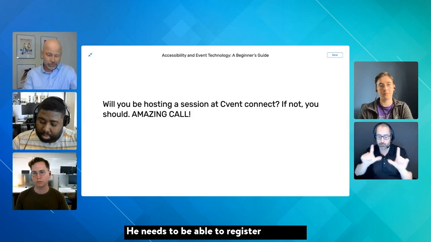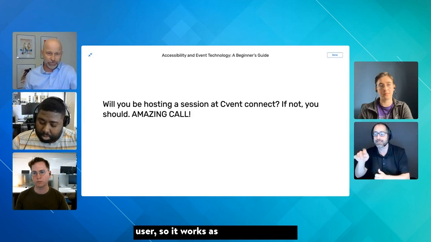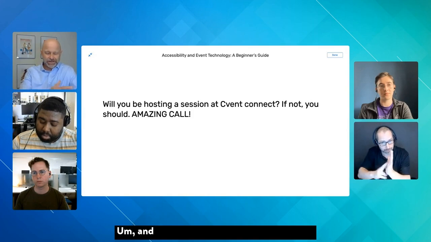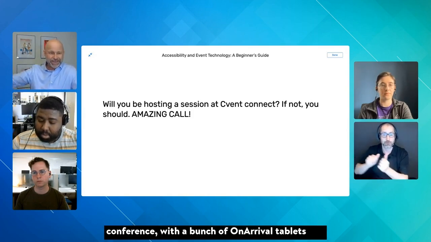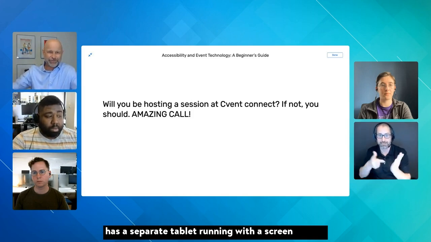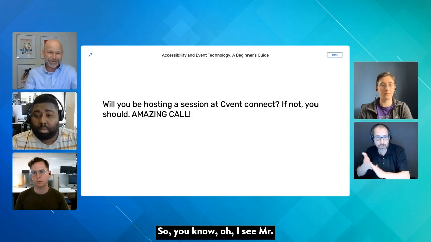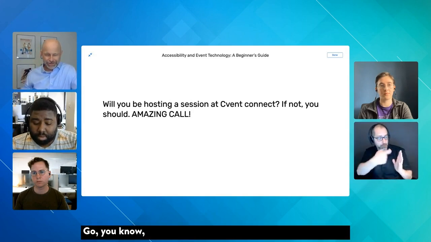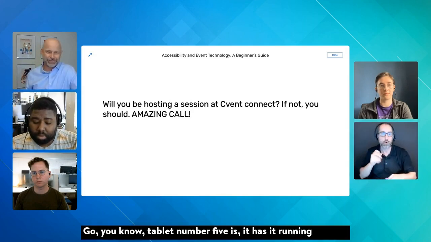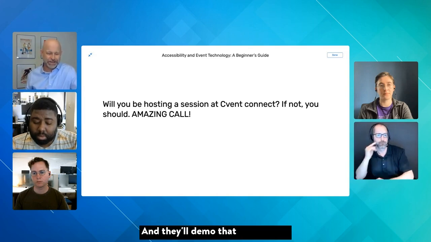He needs to be able to register as a blind user. So it works as a fully blind user. And imagine at a disability conference with a bunch of on-arrival tablets and a separate tablet running with a screen reader. So, oh, I see Mr. Wonder, you need a screen reader. Yes, I do. Go to tablet number 5, it has it running for you. Very cool. And they'll demo that at Connect.